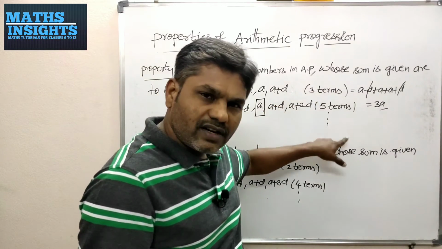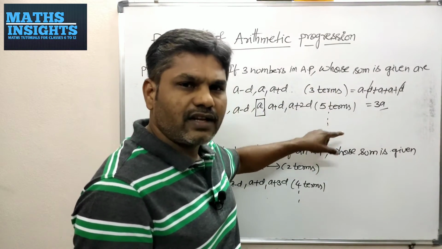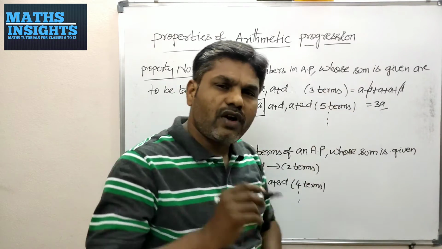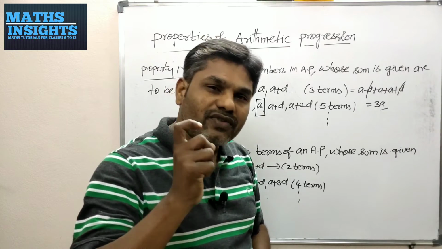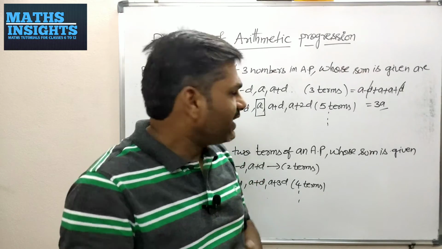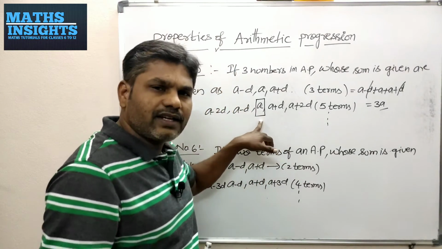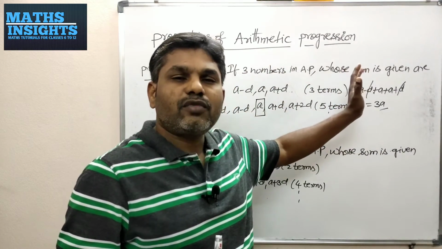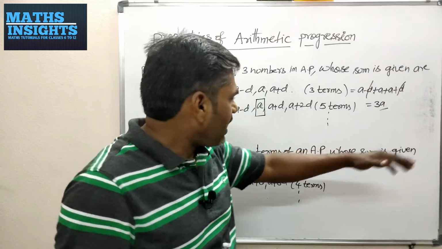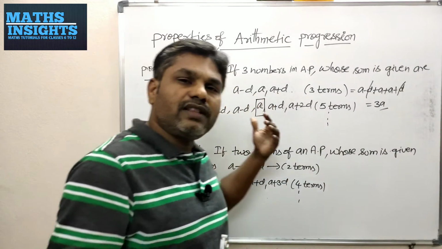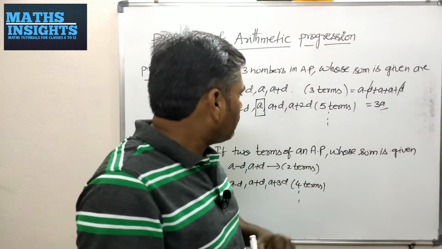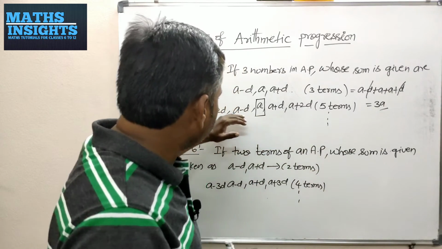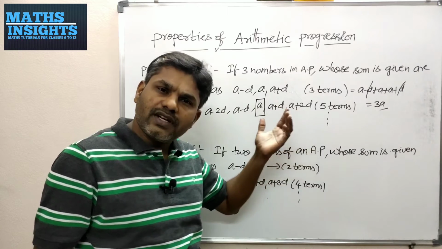So to generalize, if you are given an odd number of terms of an AP, first take a as the middle, then expand the same number of terms on the right as on the left, with common difference d.